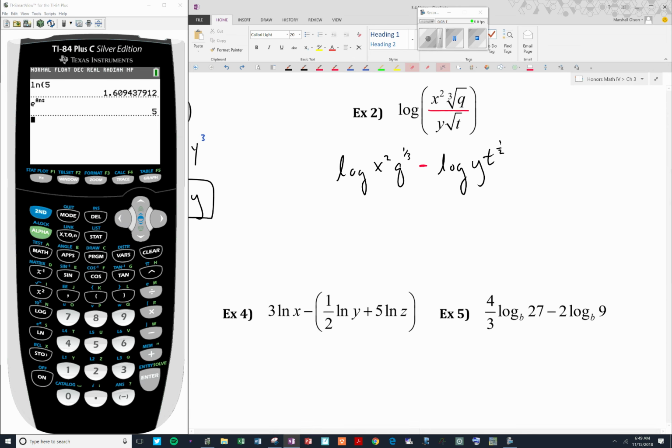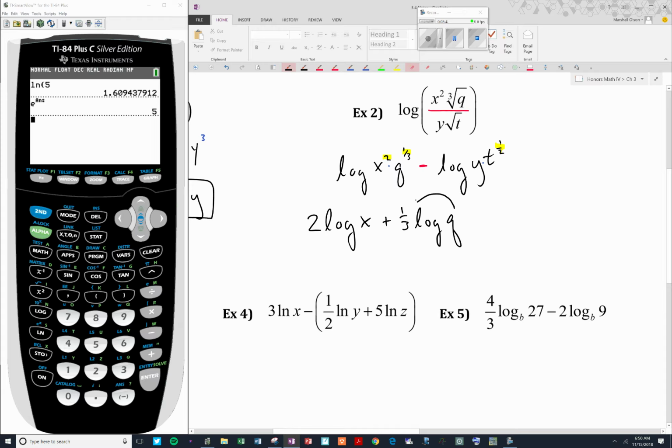All right, so now we have multiplication within both of those logarithms. So we're going to separate that and make it addition. And as we do, I'm going to bring all these exponents down in front of the log that they should be in front of. So the first one is going to be 2 log of x plus 1/3 log of q.